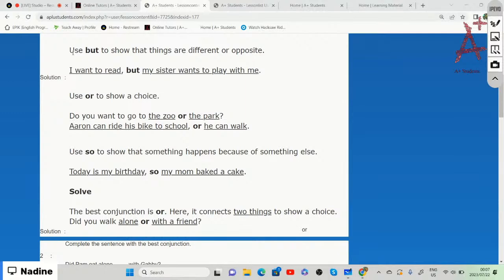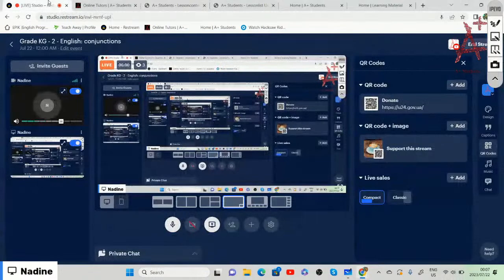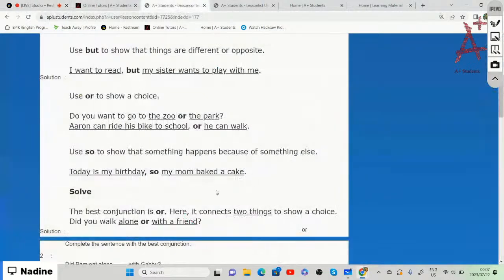Aaron can ride his bike to school or he can walk, which means that he has a choice of either riding his bicycle or walking. So that is the conjunction or. Or shows a choice that you have.